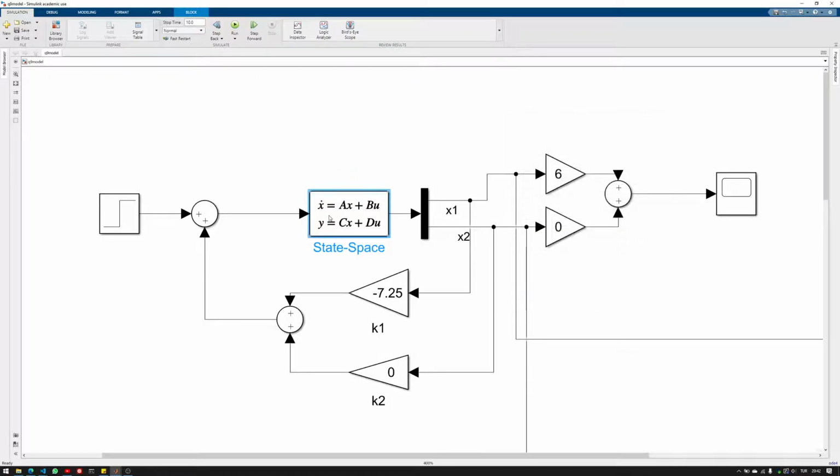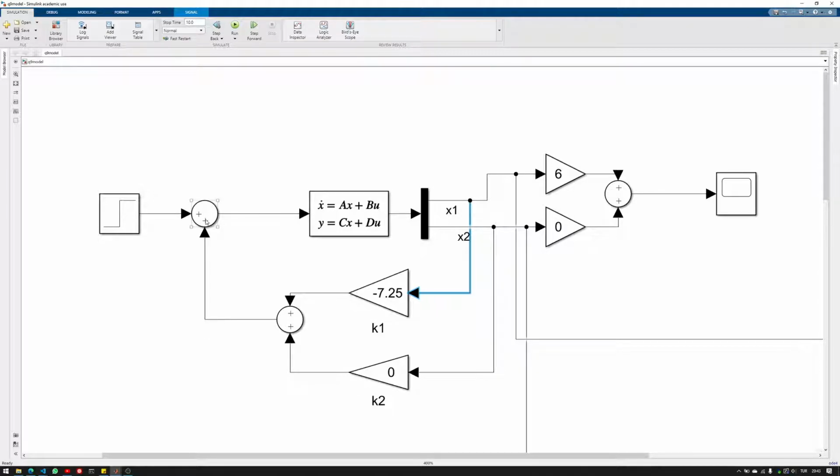Now this is the system. Then I have my x's, then I manually generate my output y. And I have my state feedback controller, which directly takes the first state, multiplies it with the corresponding coefficient, and adds it to the other state feedback. And then we have the sum, which is applied to the system, and there we go.